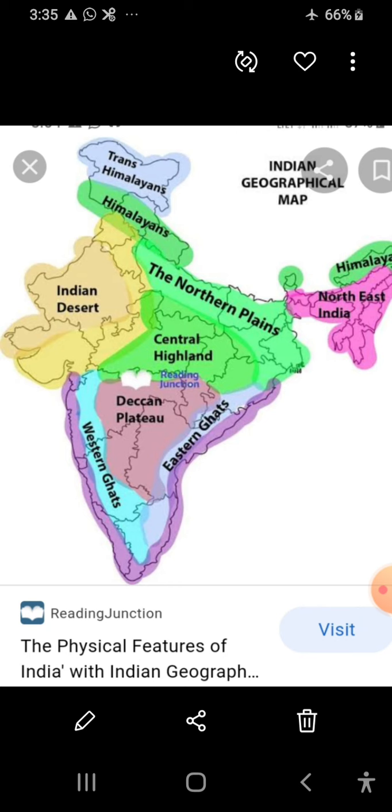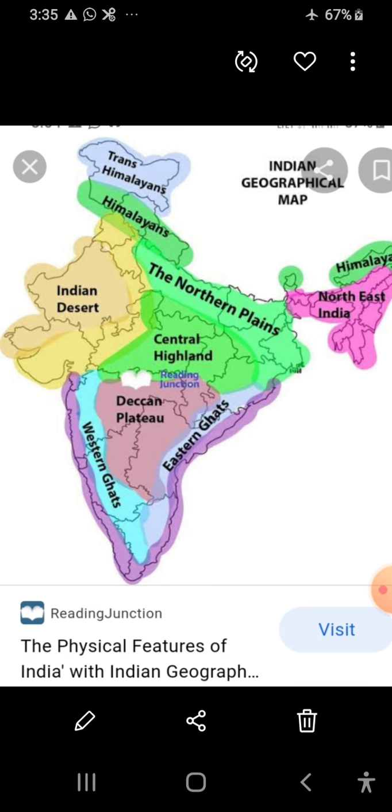Dear students, already we have started learning about my country and its landscape. In this lesson, we have learned about where our country is located on the world map and how our country is surrounded by water on three sides, that is the Bay of Bengal on the east, Arabian Sea on the west, and Indian Ocean to the south.